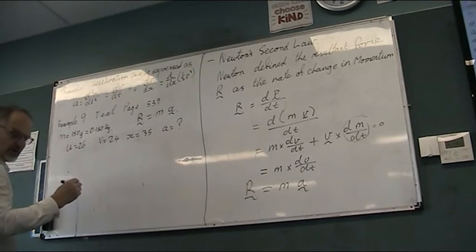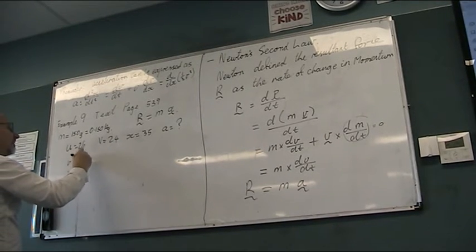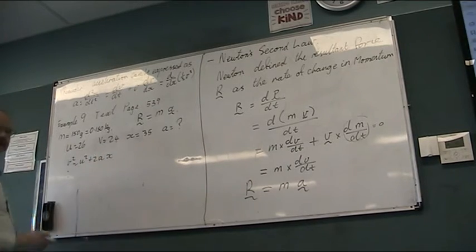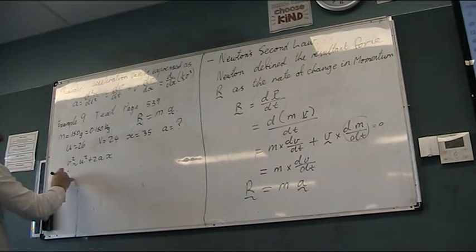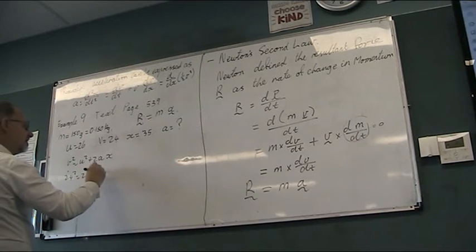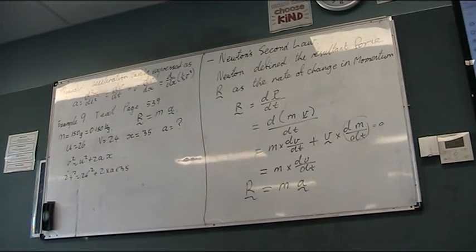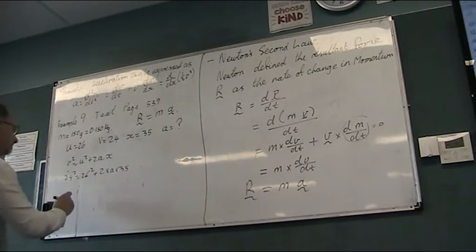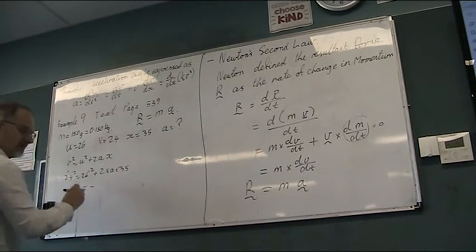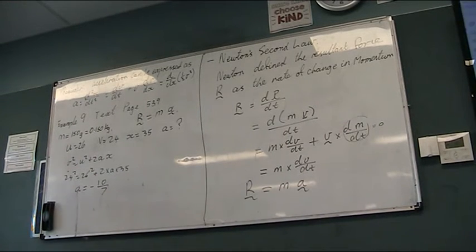So, kinematics formula, which one? v squared equals u squared plus 2ax. That'll do the job. So we've got 24 squared equals 26 squared plus 2 times a times 35. When we figure that out, we find the acceleration is negative 10 over 7.